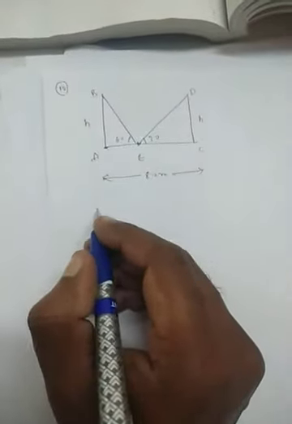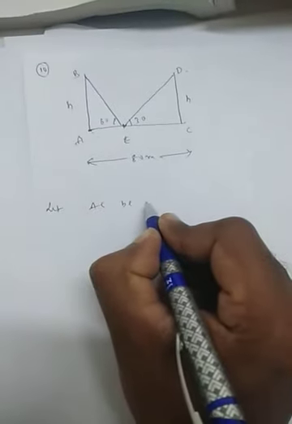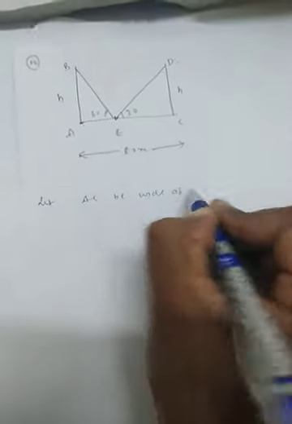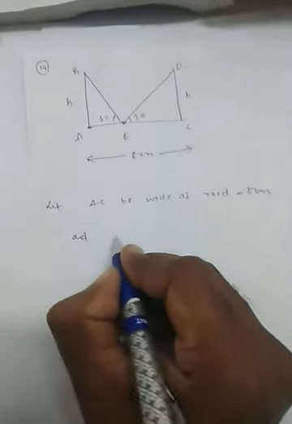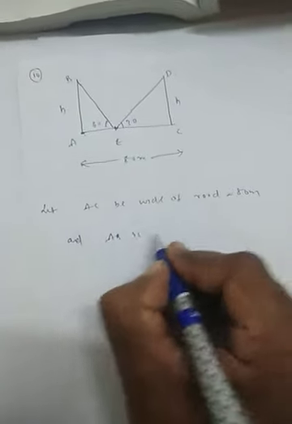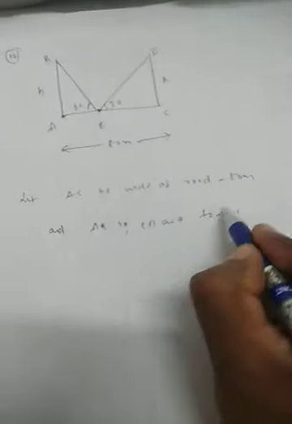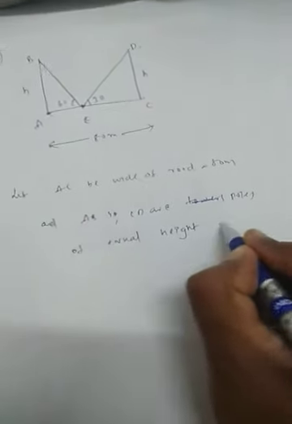Look here carefully. Let AC be the length or width of the road, which is equal to 80 meters, and AB and CD are poles of equal height, say h and h.